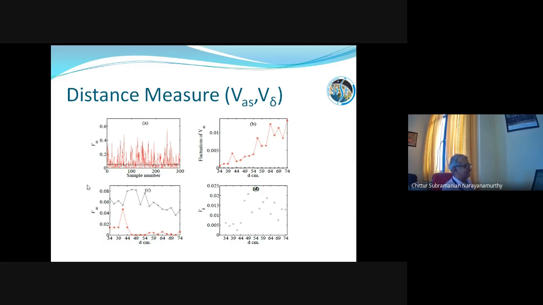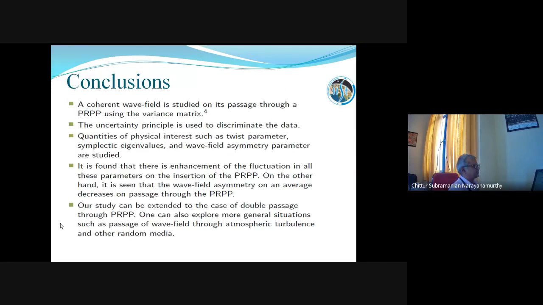So this is a very interesting study: without turbulence, you can see the asymmetry is more, whereas with turbulence, the asymmetry is less. It's a very interesting result which we observed, and everything was measured using this setup.